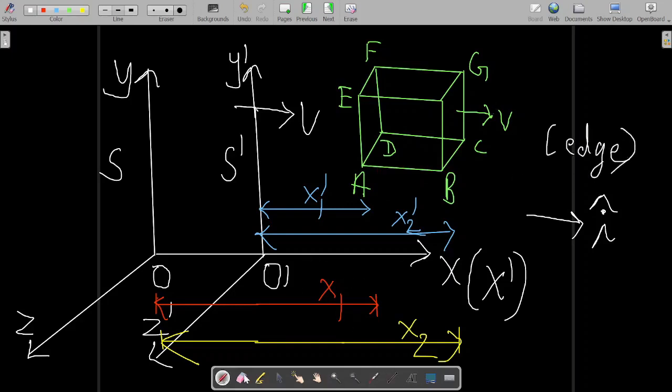The AB edge of the cube will contract because it is along the direction of motion. Similarly, the DC edge is along the direction of motion, so it will contract. Similarly, this edge is also along the direction of motion, so it will also contract, and this edge as well.